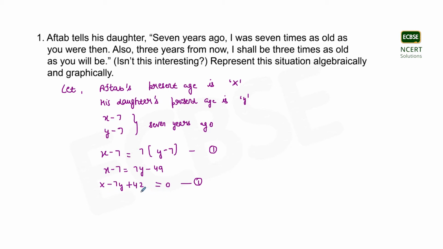So this is a linear equation which we have formed from the first statement, and there is also another statement which says, 3 years from now I shall be 3 times as old as you will be. In this statement, Aftab is referring to the age after 3 years from the present time: Aftab's age will be 3 times as old as Aftab's daughter will be.